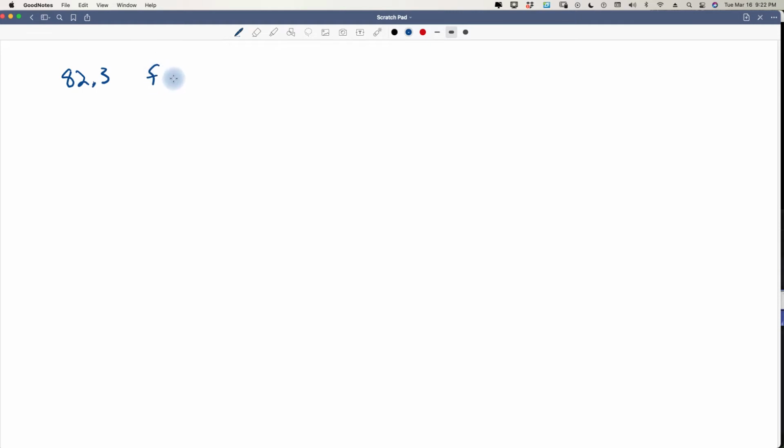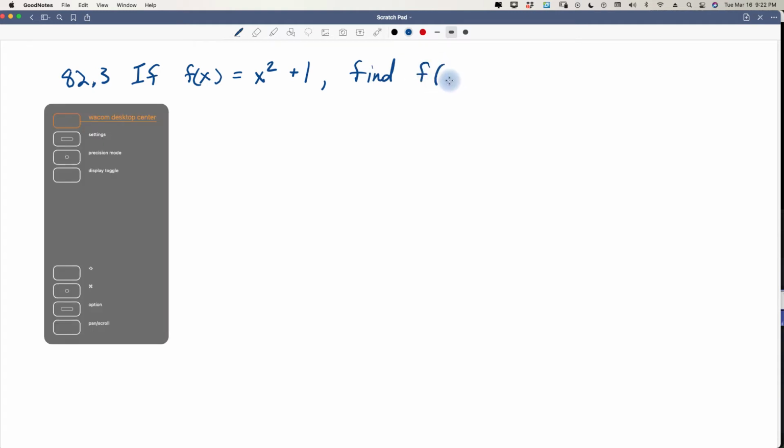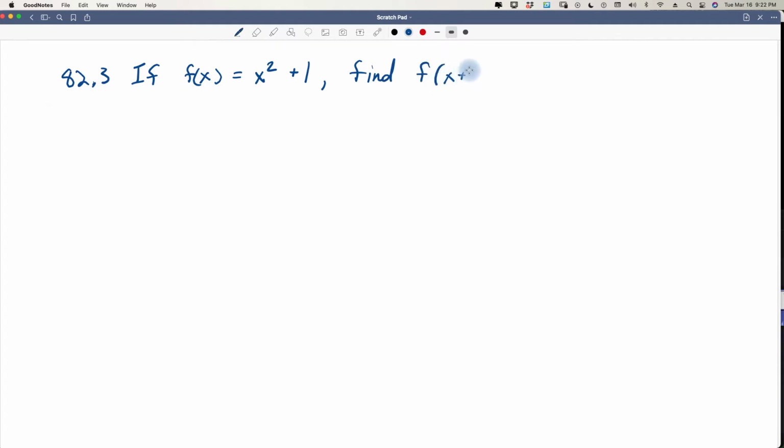All right, so if f of x equals x squared plus 1, find f of x plus 2.